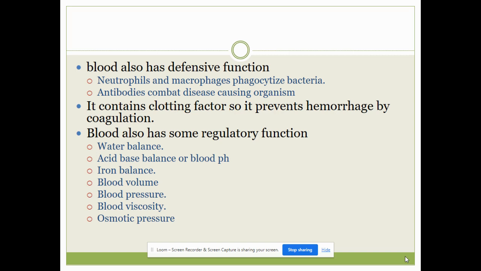Number four, it contains clotting factors, so it prevents hemorrhage by coagulation. Lastly, blood also has some regulatory functions. It regulates various functions: water balance, acid base balance, iron balance, blood volume, blood pressure, blood viscosity, and osmotic pressure.